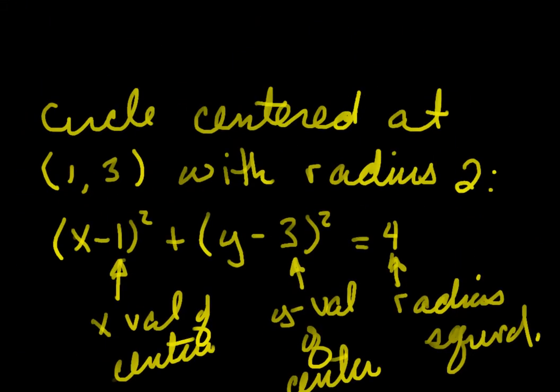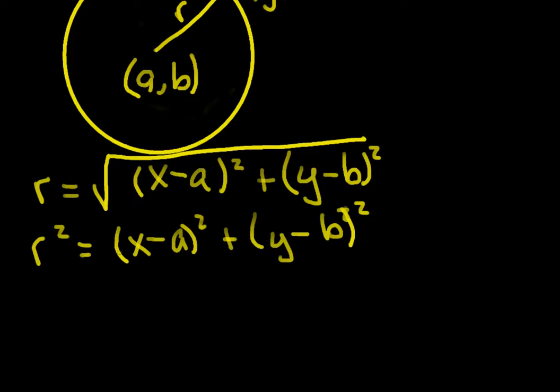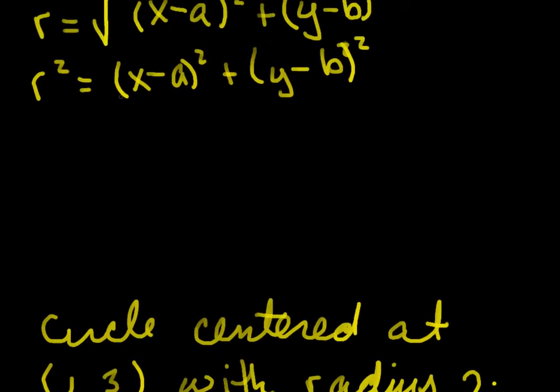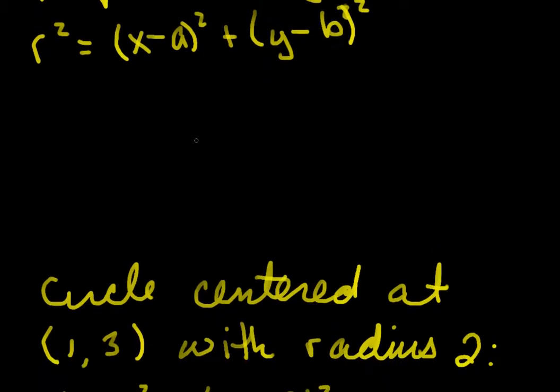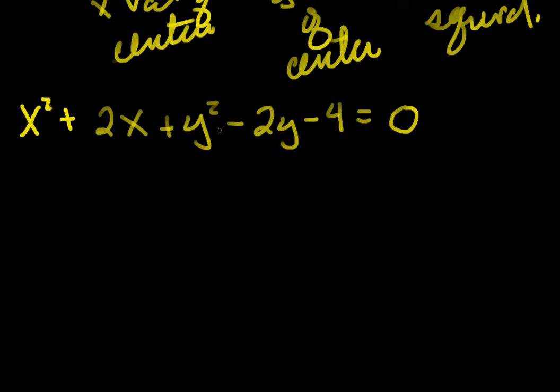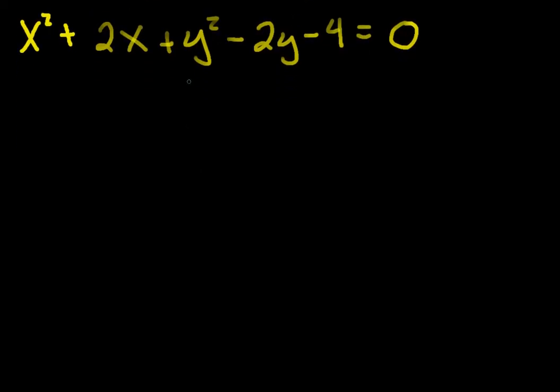We saw before, equations of circles look like x minus a quantity squared plus y minus b quantity squared is some constant squared. But that doesn't mean that maybe these terms have been factored out and terms have been collected, and so this still may be the equation of a circle. We'll just have to run a little bit of algebra on it, and so this is a great place to remind ourselves how to complete the square.